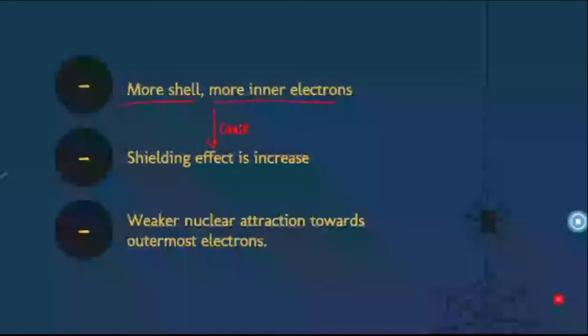When the shielding effect is increased, it will affect the nucleus attraction towards the outermost electron, meaning it will weaken the nucleus attraction towards the outermost electrons. So the conclusion here: when the shielding effect is high, the nucleus attraction will be low.